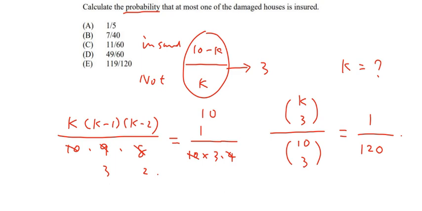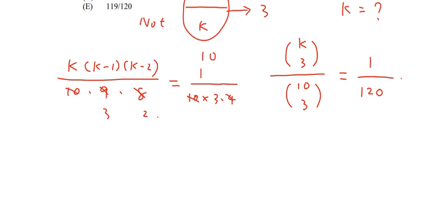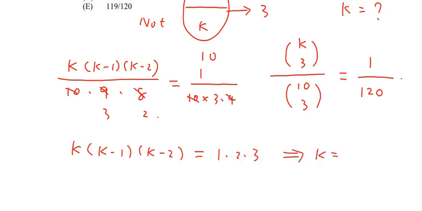K times K minus 1 times K minus 2 equals 1 times 2 times 3. So we find this K equals 3.